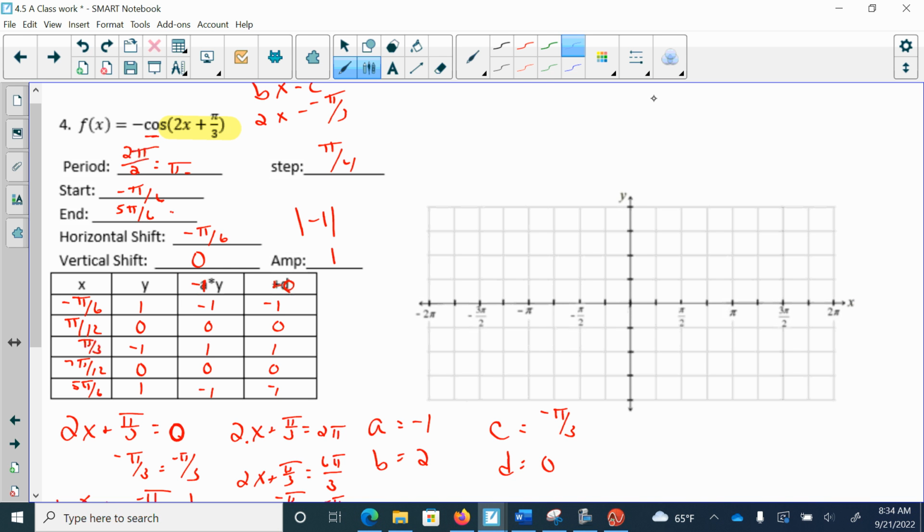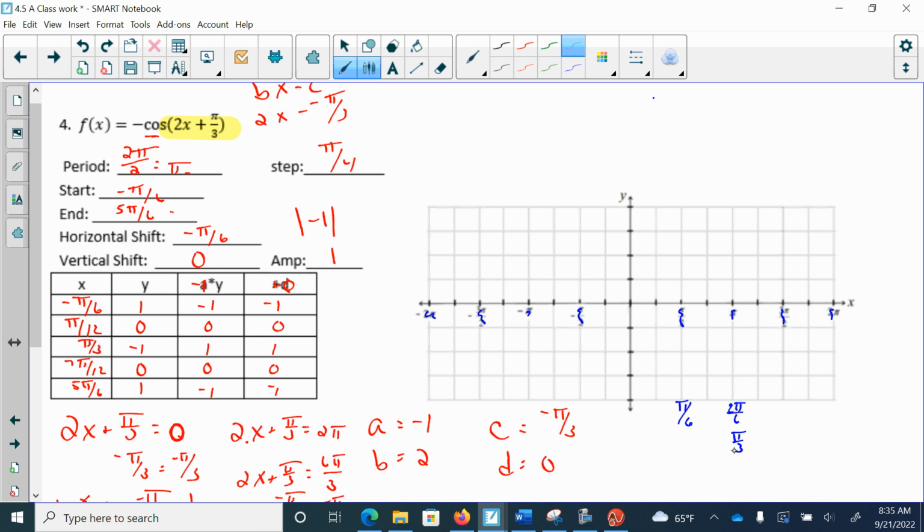But let's say we make this pi/6, and then this would be 2pi/6, which would be pi/3.